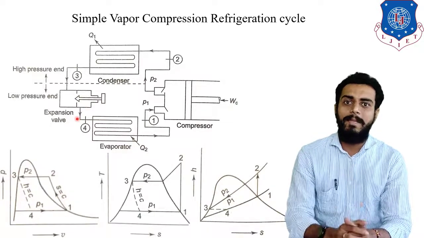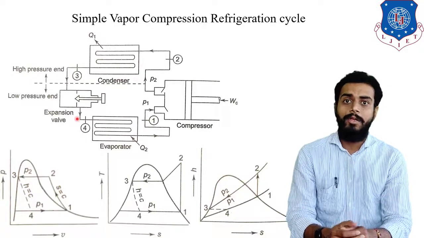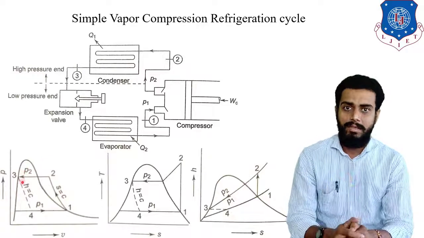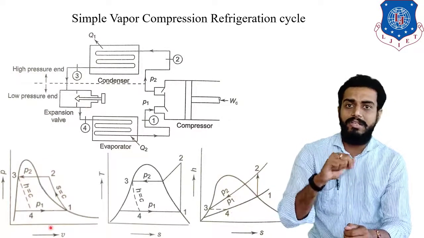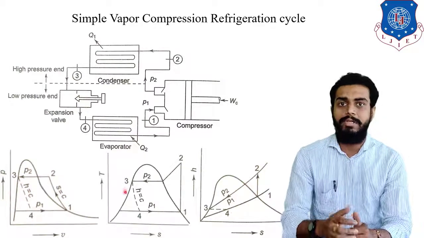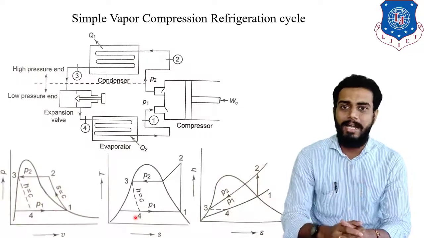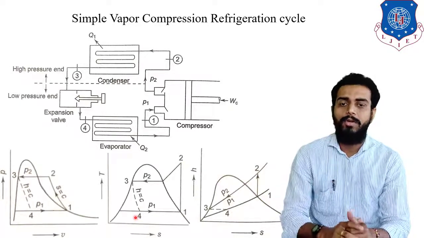So here you can see that from point number 3 to point number 4 in the PV diagram the pressure has decreased. Same way I told you, if you will decrease the pressure, then temperature will also decrease due to Joule-Thomson effect. So here observe the TS diagram, that temperature is also reducing from 3 to 4.